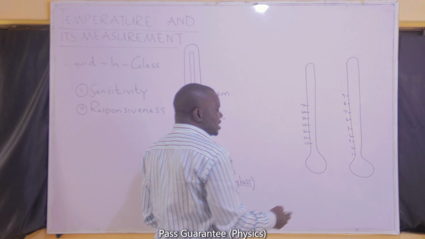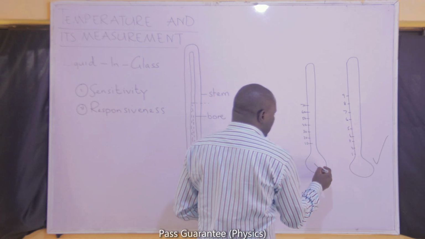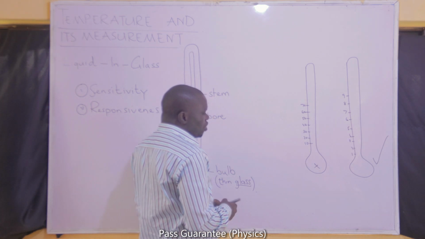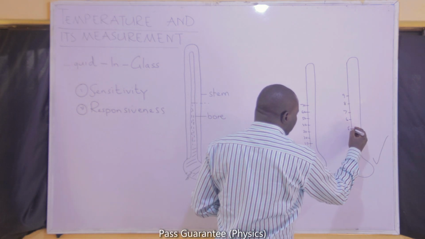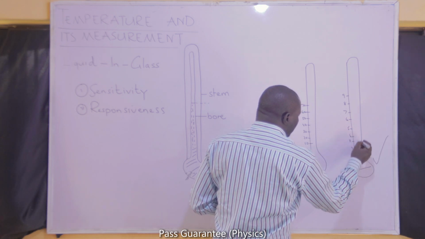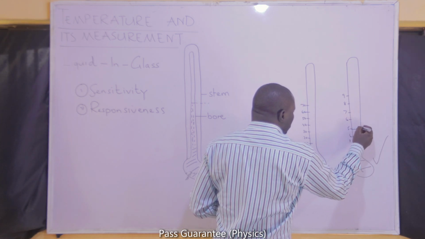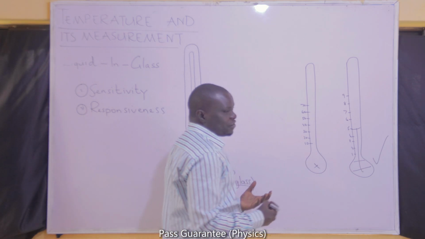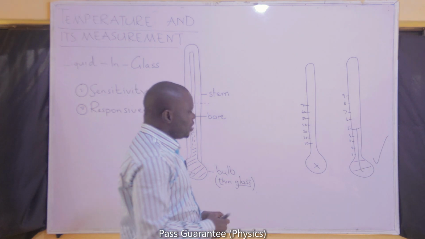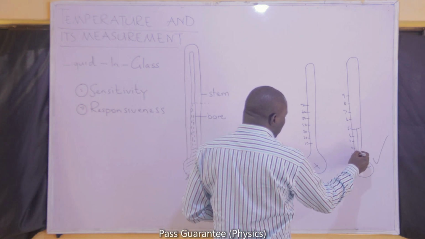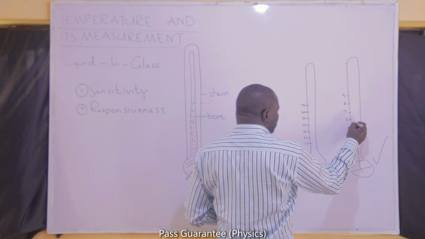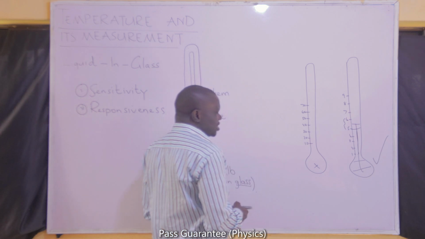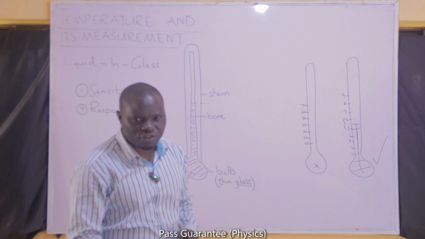It clearly means that this thermometer is more sensitive than this, because if I expose the thermometer to a temperature of, let's say, 5, we expect the mercury thread to get to this point. Now, if the temperature increases from 5 to, let's say, 5.5, this thermometer will still be able to show us by moving its mercury thread to somewhere between 5 and 6. We'll be able to know that the temperature has increased by the slightest bit, 5 to 5.5.